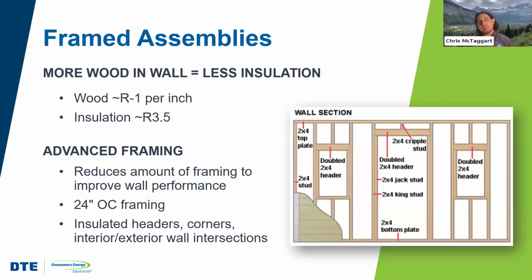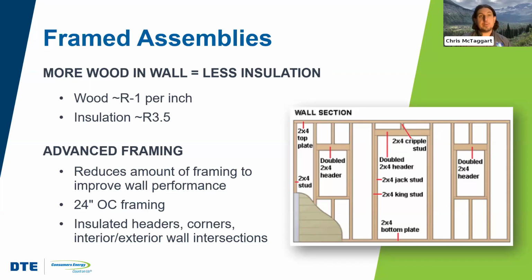Could be a little bit more, could possibly be a little bit less, but generally that's what we're going to get in our insulated cavities. So if we can find a way to have less wood in those framed wall assemblies and therefore more insulation in those cavities, we're going to have an overall better performance of that wall system.